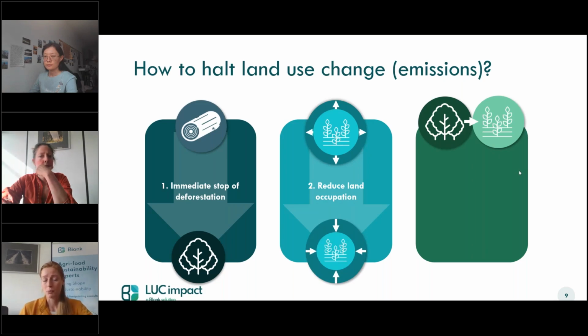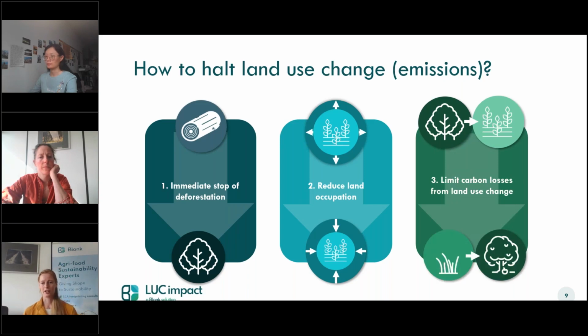With our growing population, we have an increasing demand for agricultural land, and this is driving land use change. So the only way to really solve this issue and to really reduce this expansion of land is to reduce land occupation while still maintaining yields and food security.